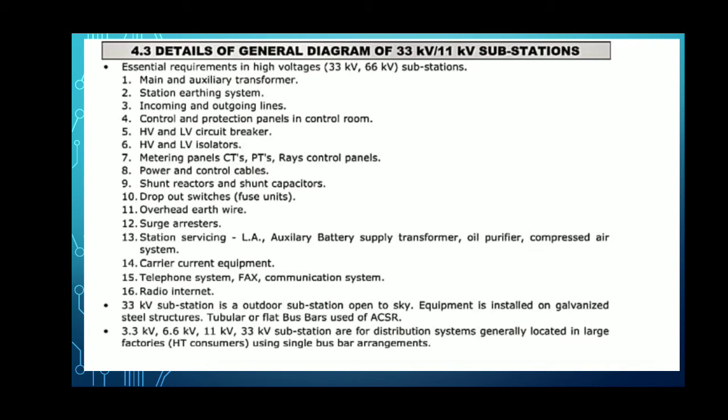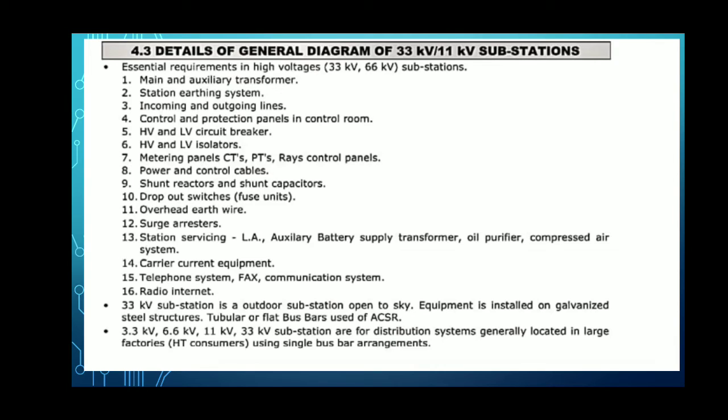Next, we have to see the details of the general diagram representation of a 33 by 11 kV substation. The essential requirement is a higher voltage level, such as 33 kV or 66 kV. Then main and auxiliary transformers are also required.